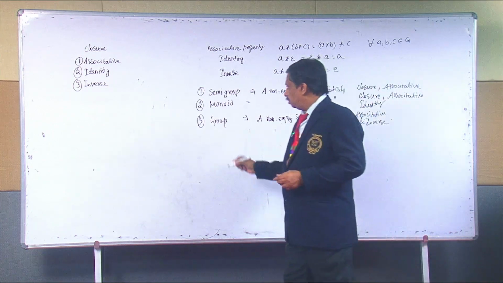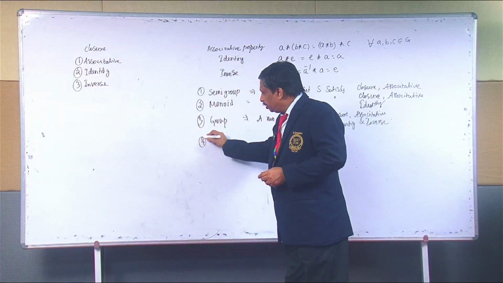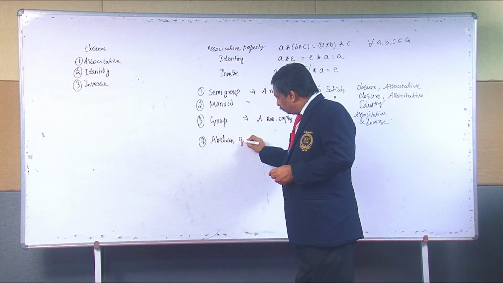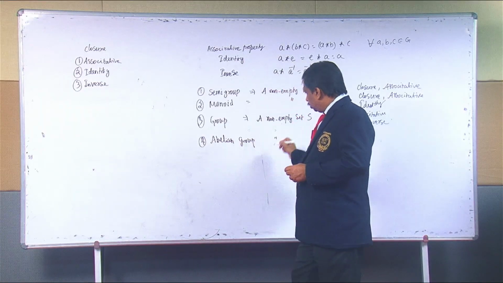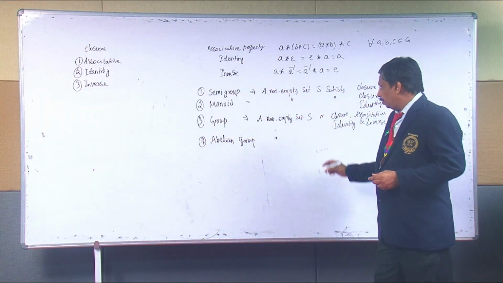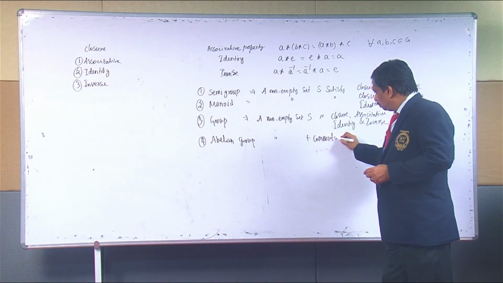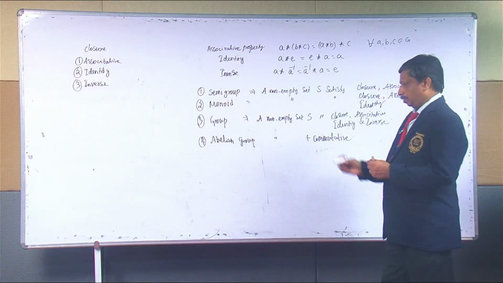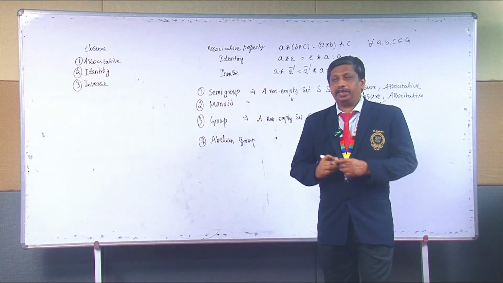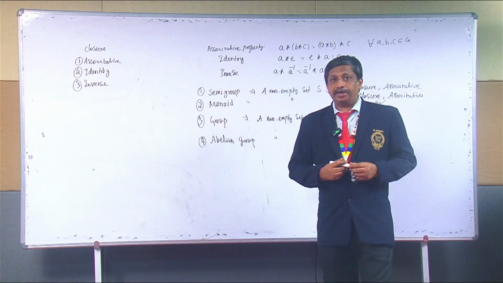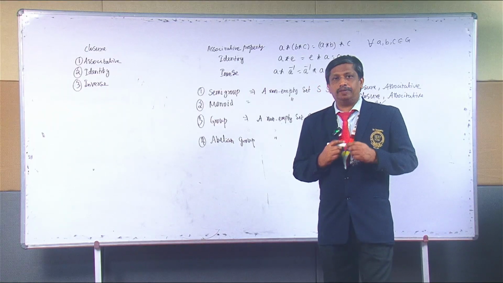The fourth one is abelian group, which is nothing but a group plus the commutative property. Okay, now we will see the examples of semi-group and monoid, next group and abelian group.